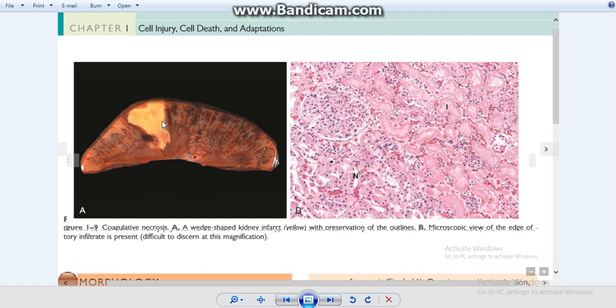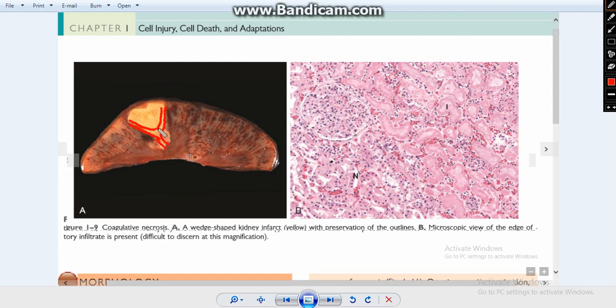Now, an important thing is that we should know why it is wedge-shaped, for example, in the kidney, and what that means. Basically, it is wedge-shaped because of the artery. So let's say that this tissue right here, this is an artery coming, a vessel, and it basically branches and supplies right here and right here.